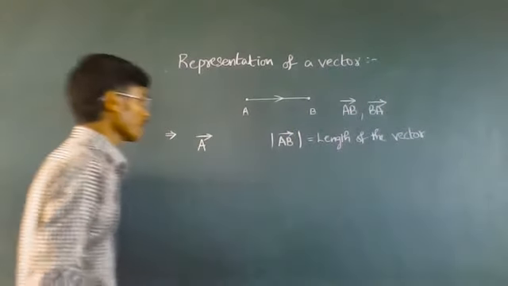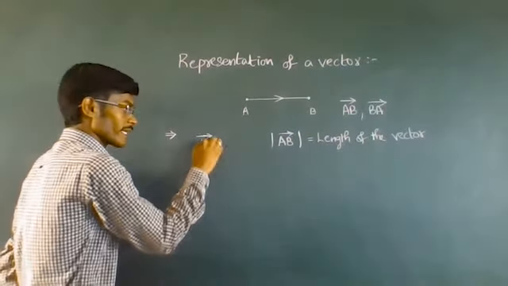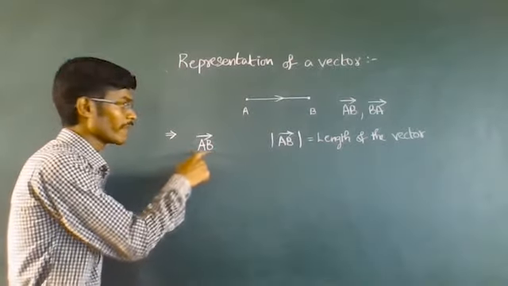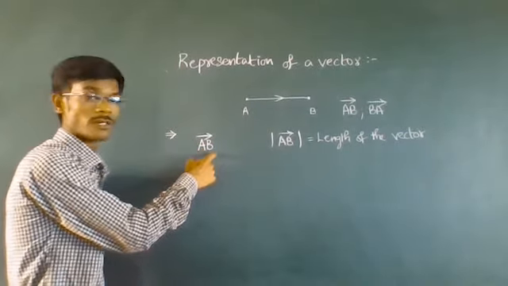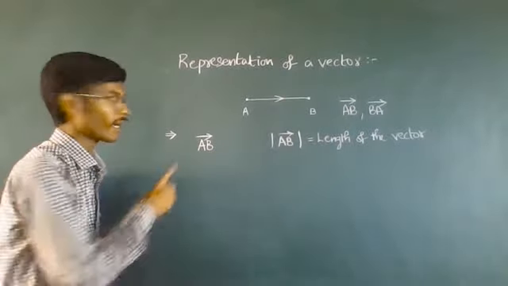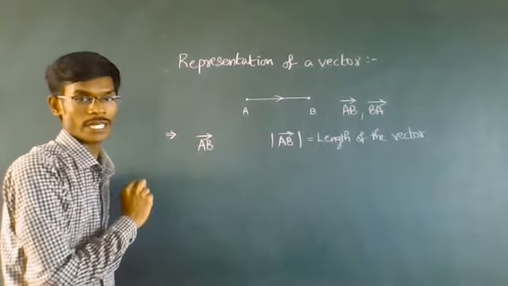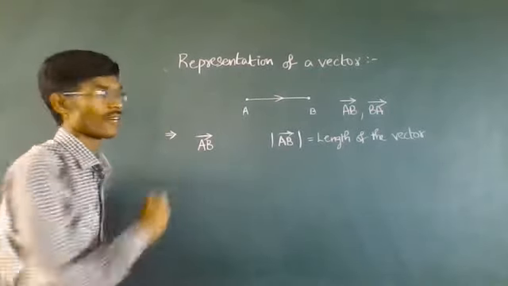So here, instead of A bar, if you are writing AB, AB will represent the magnitude or the length of the line segment, and this arrow is used to represent the direction. Okay, this is the representation of a vector.